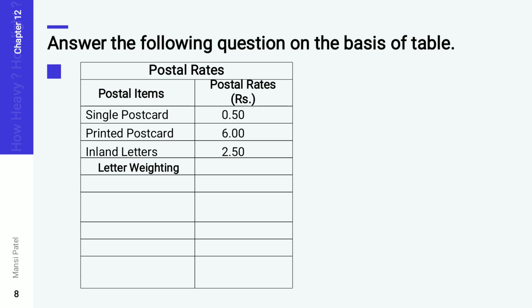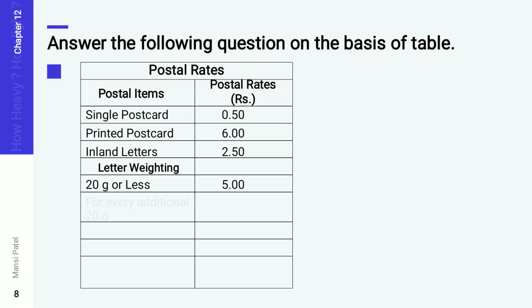about the letter weighting. If you send any document to your family member or to your colleagues, sometimes it has some weight. If the weight of that letter is 20 gram or less than 20 gram, then you have to pay 5 rupees for that.